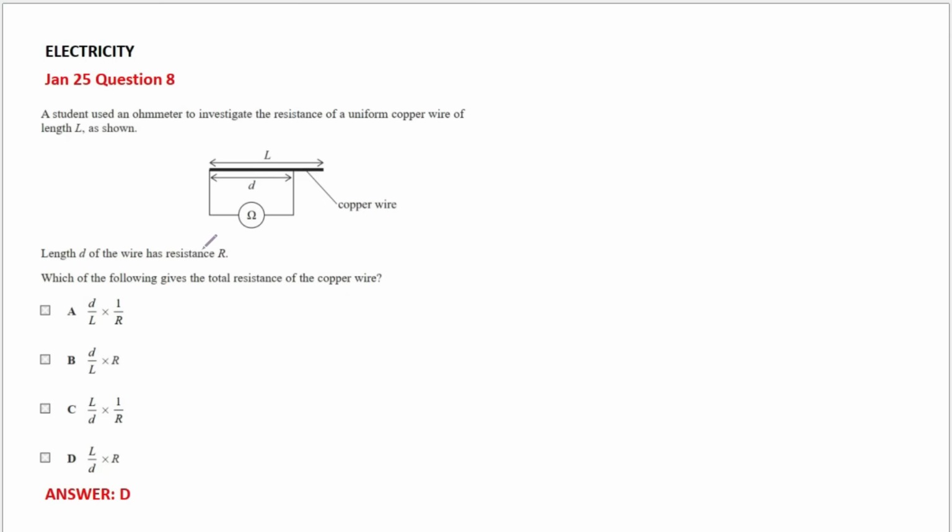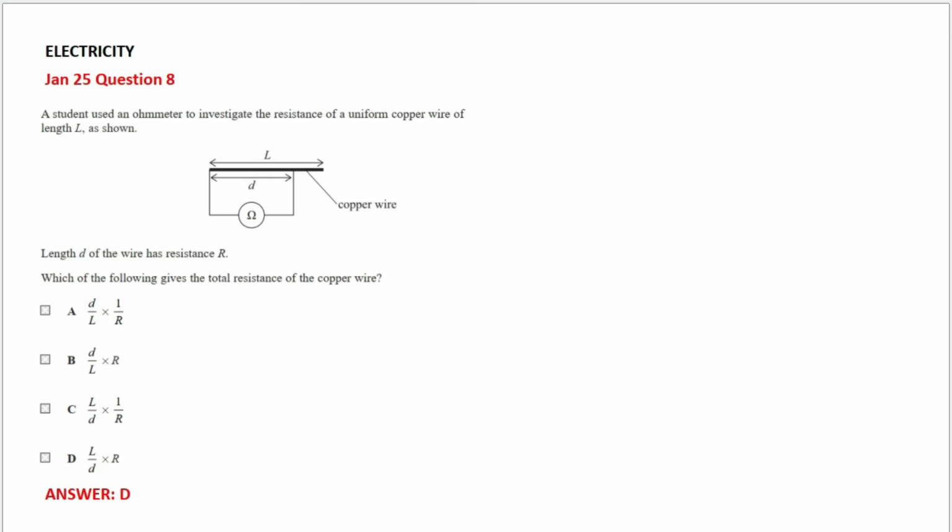So only the D part has resistance R, right? And now we have to find out the total resistance of the copper wire. So how do you start this? Okay, this is not easy.